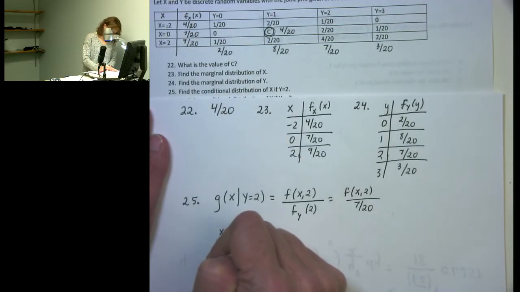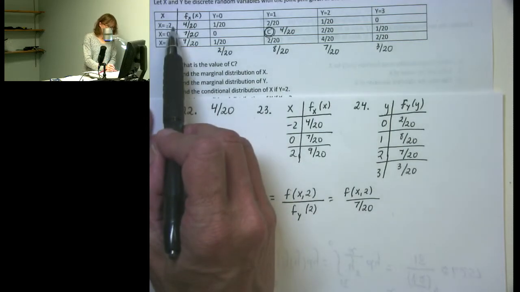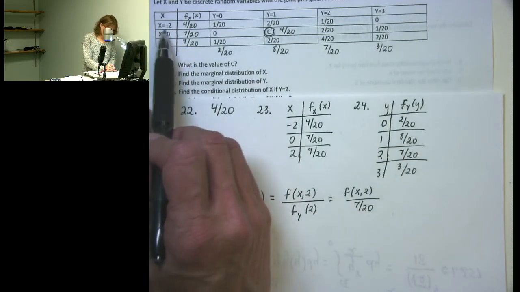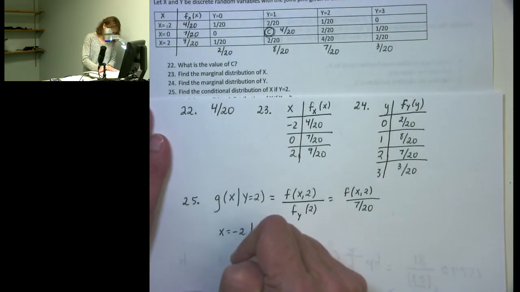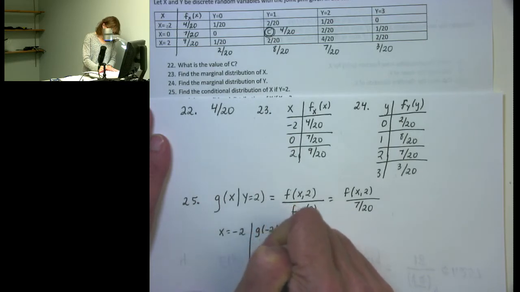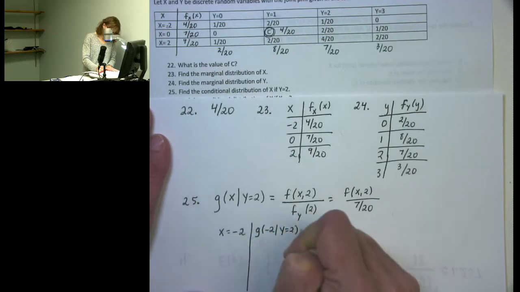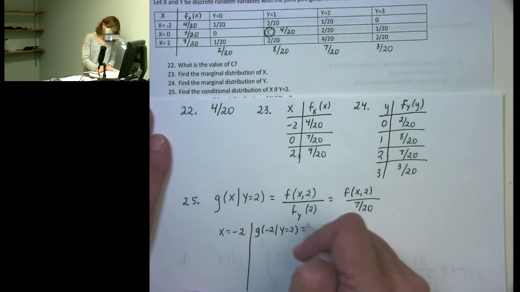When x is -2, the probability that x is -2 and y is equal to 2 is 1/20. So g of -2 given y equals 2 is equal to 1/7.